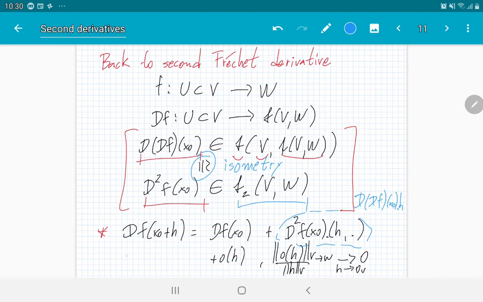So that's all I'm going to write. So df at x over w, look, this is a linear transformation from L(V,W). This is also a linear transformation from V to W. This is a bilinear map. So when I fix one coordinate, that's now a linear transformation as well. And then I just want to say this guy is equal to this guy plus this one plus this small term.